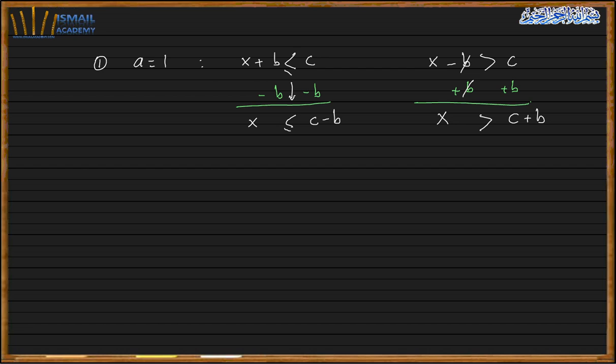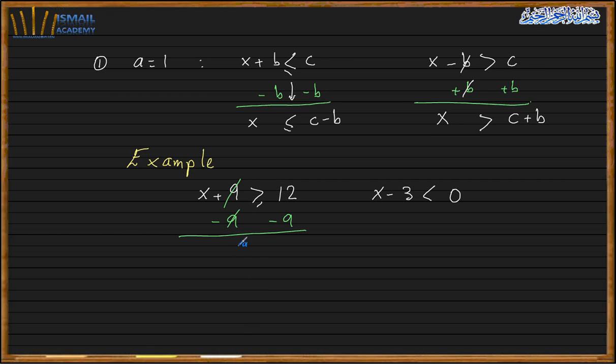Let me give you an example and we see how it works. Suppose I want to solve x plus 9 is greater than 12. Here I have addition, so I subtract. I'm going to subtract 9 from both sides. 9 minus 9 cancels out.